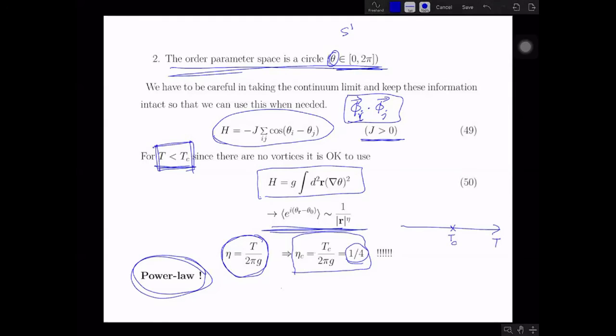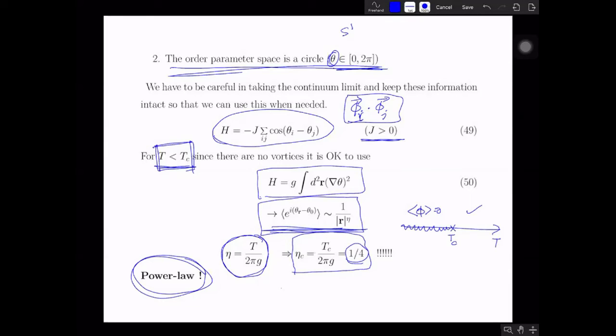For this whole entire region, this does not break the symmetry, in the sense that I do not develop an expectation value of this order parameter. This is still 0, both here and here. So there is no long range off-diagonal order developing, yet the 2-point correlators are power law.